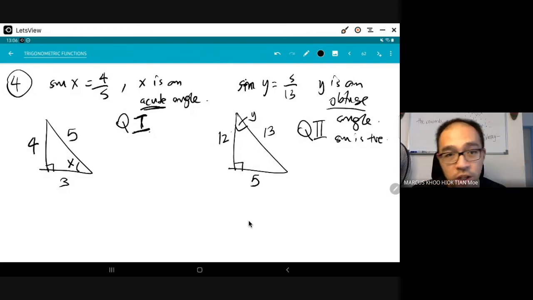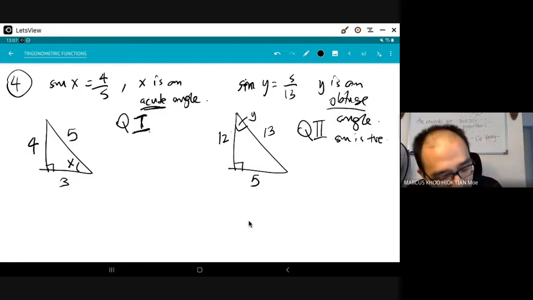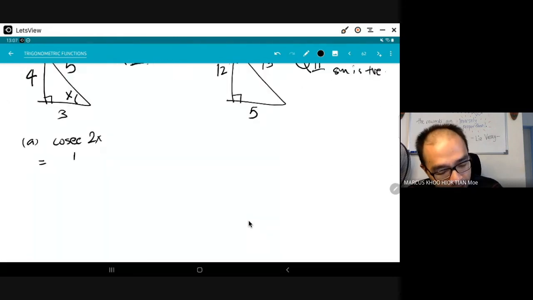Now let's go into the question. Notice that I have not done anything about the question. I make sure that I have all the information that I need before I go into the question. Cosecant 2x. I hate this. Cosecant is 1 over sine, so 1 over sine 2x.